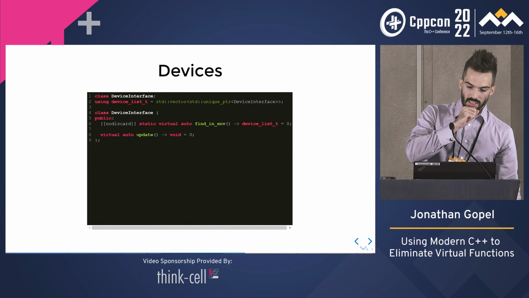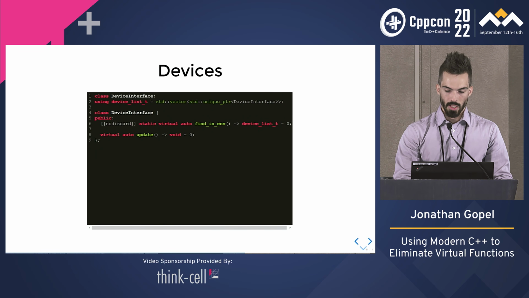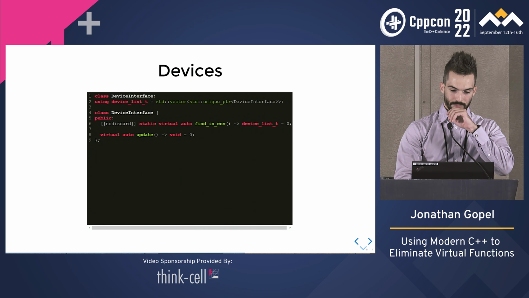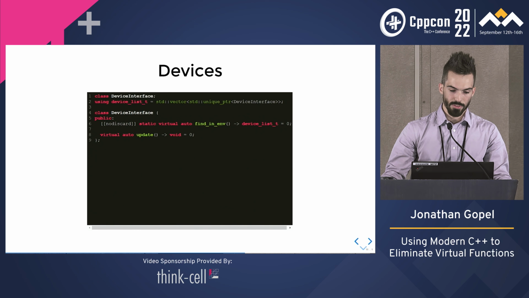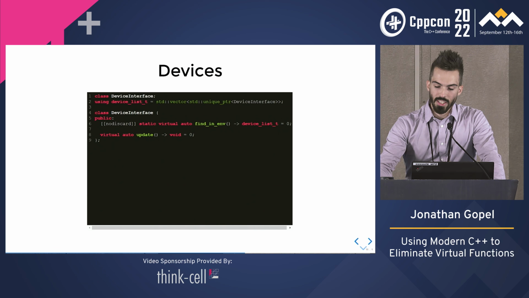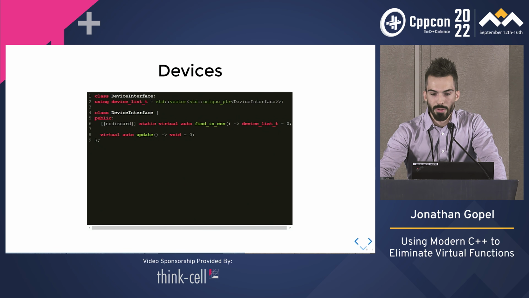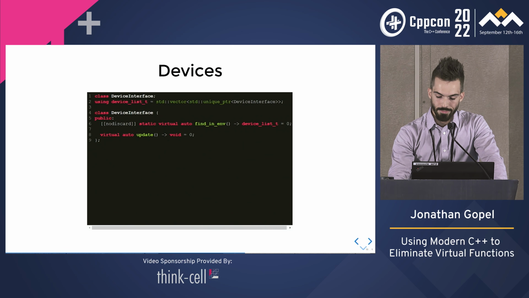So let's do this with virtual. So we have a device interface, right? And that's going to bind that we have some function, find an env, so that we can find all our devices, and then some virtual function update.